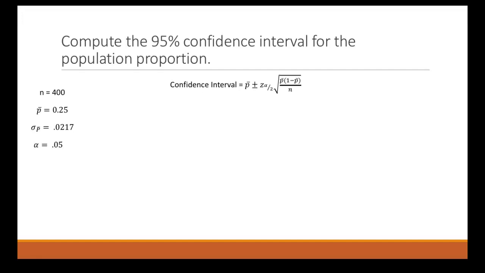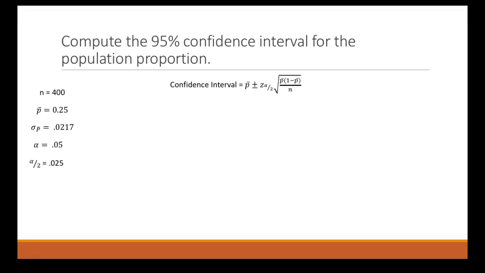The z-score of alpha over 2. Well, our alpha in this case is 0.05. We found that by taking 1 minus our confidence level of 95%. So our alpha is 0.05, but we need alpha divided by 2. So alpha divided by 2 is 0.025.